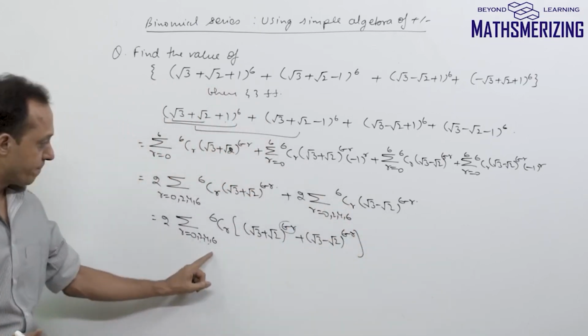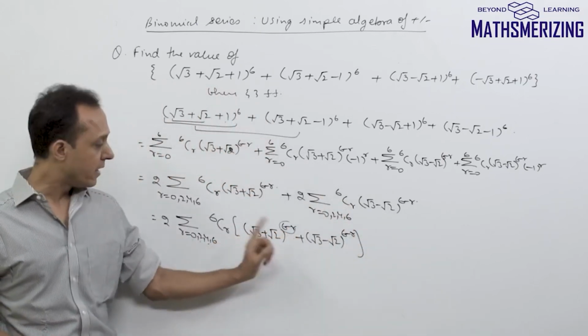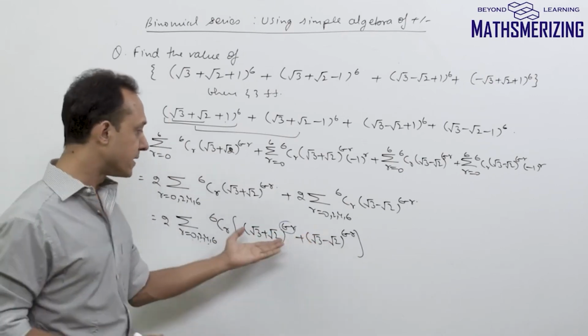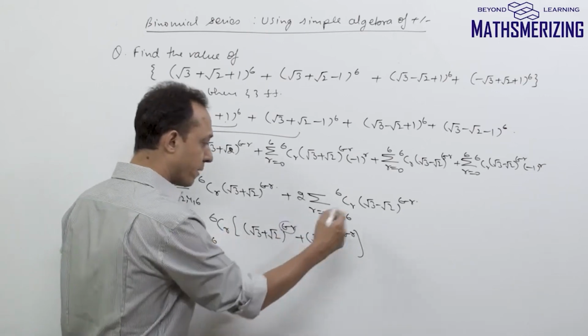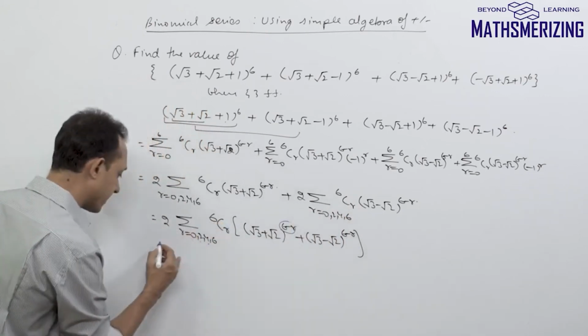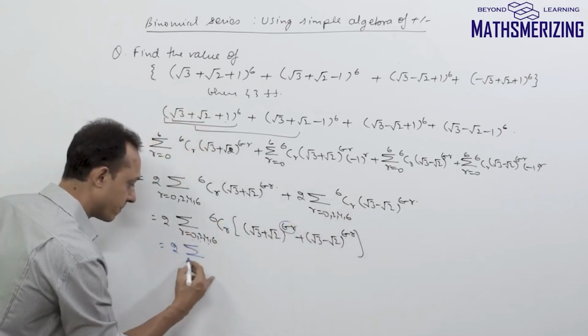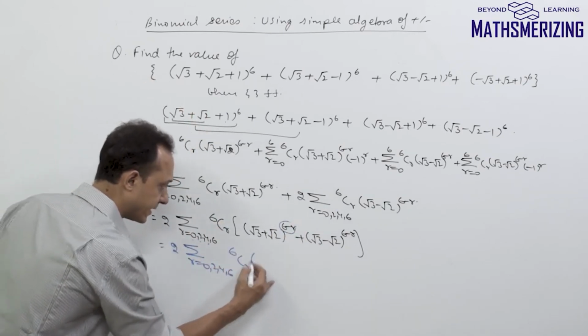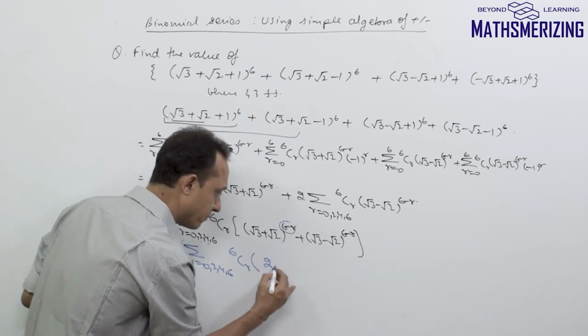When r is even, then 6 minus r will also be even, and this again is of the form a plus b and a minus b. So in this case again, all the odd number terms will cancel. So here what I'll get is 2 times summation r varies over 0, 2, 4 and 6, and will be 6Cr, and here I'll get 2 times.